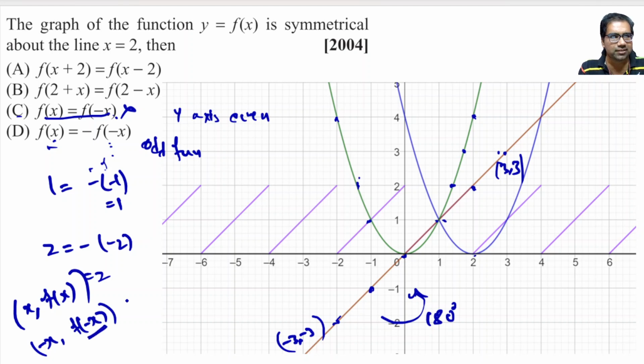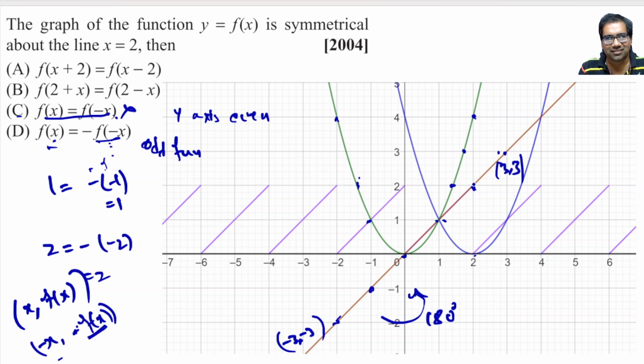What is f of minus x? It is equal to minus of f of x. That means x, f of x are there, and minus x, minus f of x are there. So this is the definition of an odd function.